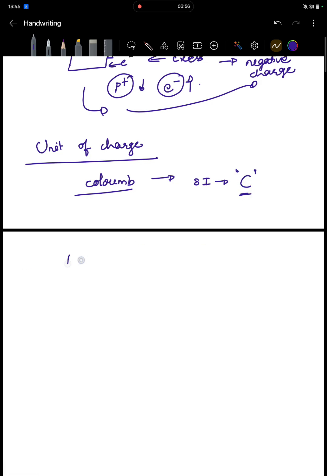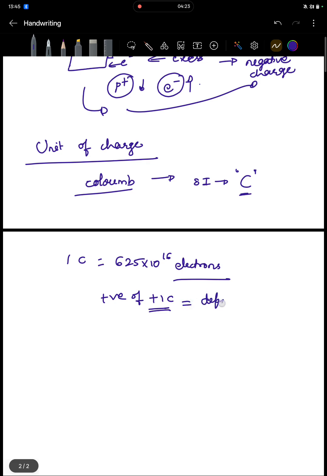1 coulomb of charge is equal to the charge on 625 into 10 to the power 16 electrons. Thus, if a body has a positive charge of 1 coulomb, it means the body has a deficit of 625 into 10 to the power 16 electrons from its normal share.